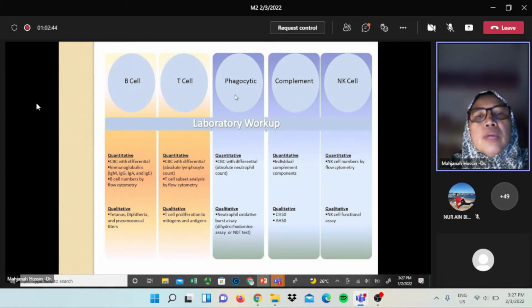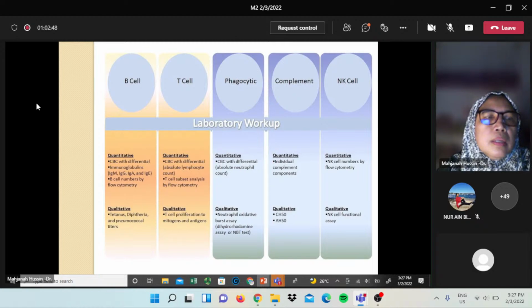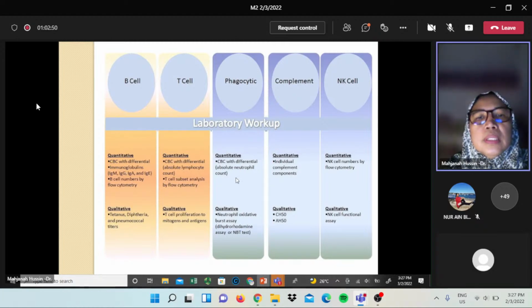For phagocytic cells, the quantitative analysis is again looking at the neutrophil count. Over here you can do the neutrophil oxidative burst assay. This is the NBT test. I'm not going to go through the NBT test because we have another lesson just on the NBT test.